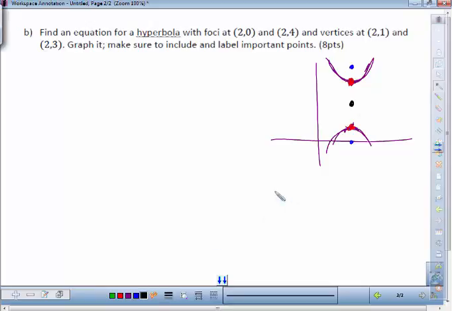So let's see. Generically, a hyperbola has x squared over a squared minus y squared over b squared equal to 1. And the negative might be with the x, the negative might be with the y, and the a and b are other numbers that we have to find.